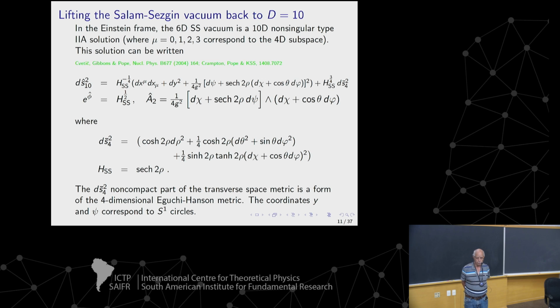And so this will be a situation where the world volume is going to be 4-dimensional, and you have to lift it, so you have to find a way to write all the extra dimensions, and this is the way it works. So now these are higher dimensional. This is, for example, to lift it into type 2A in 10 dimensions. And the various extra dimensions start to show some interesting structure when you write it this way.